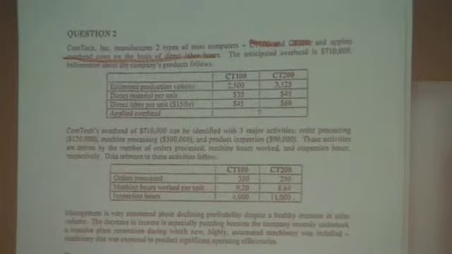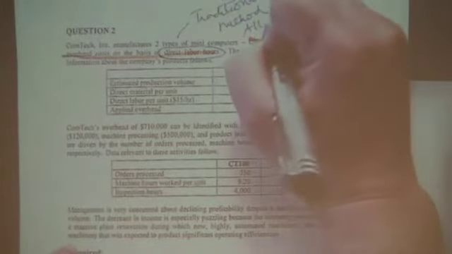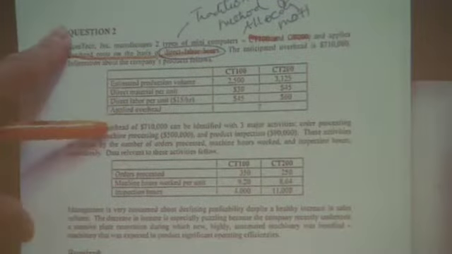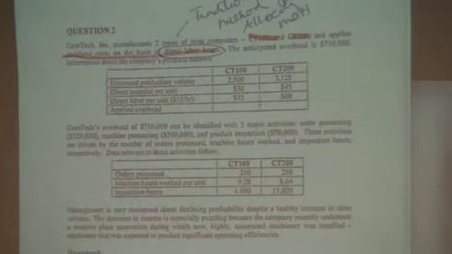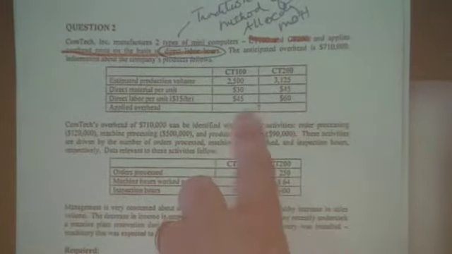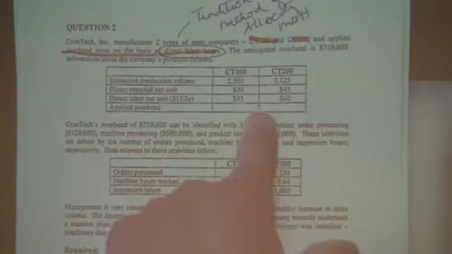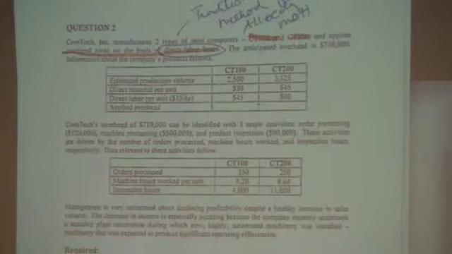So this is the traditional method of allocating MOH. And this is the information that follows. The question mark means we don't know how much is applied, so that's something you have to calculate.